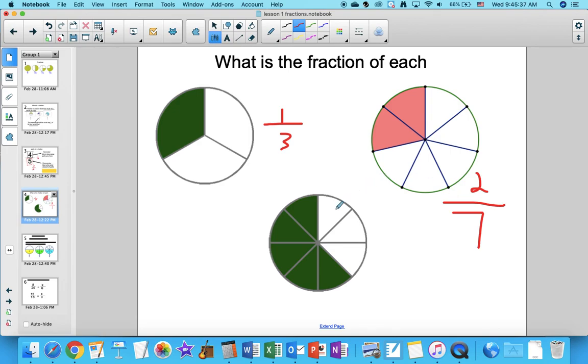In this one we have 1, 2, 3, 4, 5, 6, 7, 8. We have 8 parts in total, and we have 1, 2, 3, 4, 5 parts filled in, right? That's all fractions are. So they're really easy to get fractions from.